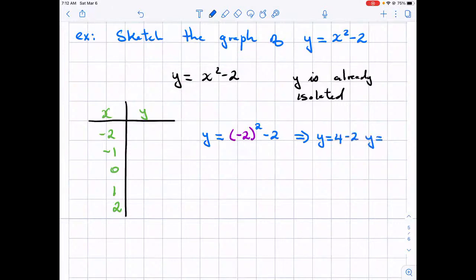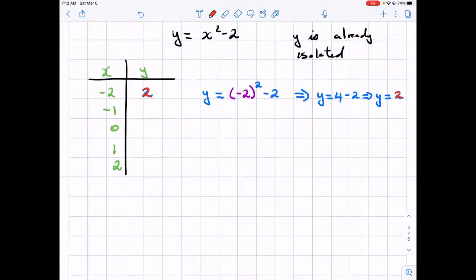So y is equal to 2. So for minus 2, we have 2. Generally we write this in red, so we'll see that's the value we found.